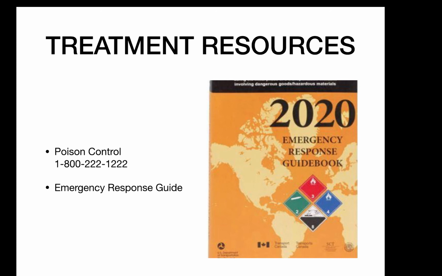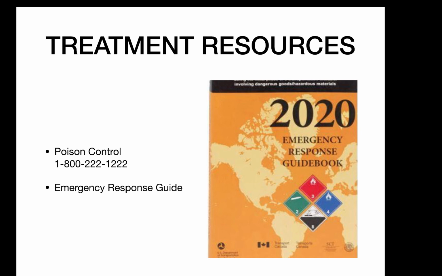When in doubt, all ambulances should have an emergency response guide. The 2020 edition is out. Also, particularly if you're dealing with patients that have had an ingestion or inhalation, poison control is at 1-800-222-1222. And then many localities also have a hospital which they tend to call if they run into something like that.